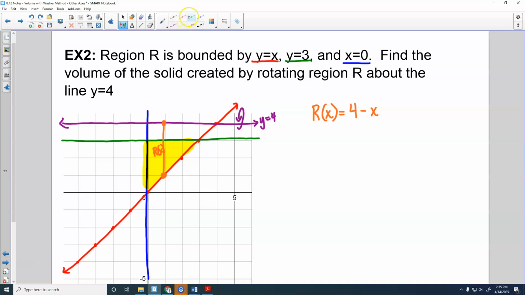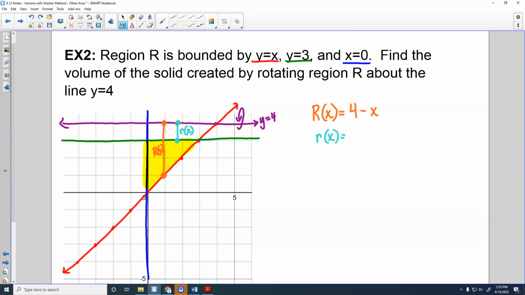For lowercase r of X, I'm out of colors to use here. How about this one? For lowercase r of X, I'm going from the line I'm rotating around, always start there, to the closest point on your highlighted region. So this is your lowercase r of X. And so lowercase r of X is going to be what we hit at the top.